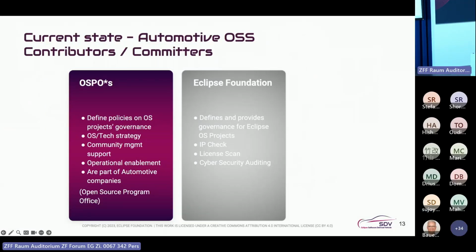And taking the same route as with the OEMs and tiers, these are mainly processes or standards that the OSS contributors and committers are applying. First would be the OSPOs that are defined through the different communities. And secondly would be, in our case, the Eclipse Foundation development process.